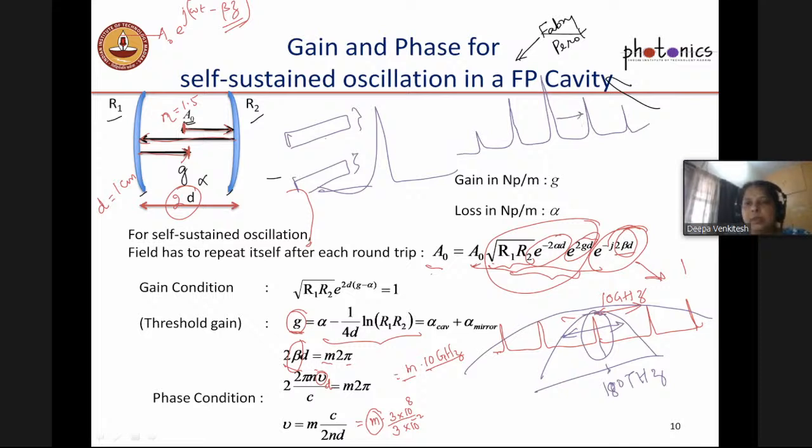The spacing between these allowed frequencies is given by this Fabry-Perot condition, the phase condition of the resonator. In this example, it is 10 gigahertz, right? And this envelope is decided by the gain spectrum of the lasing medium. Now, this is what happens in a Fabry-Perot laser.